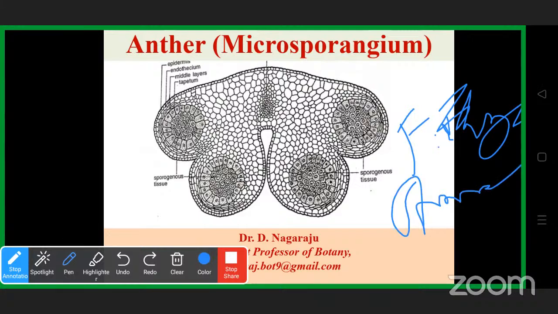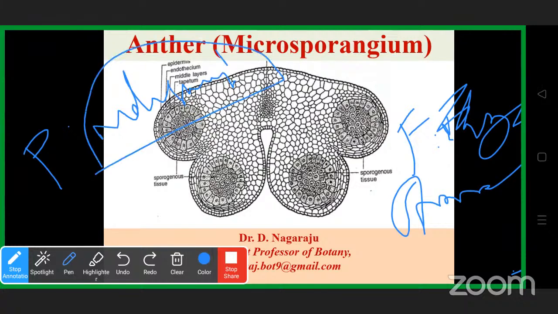And you know who is the father of Indian embryology? P. Maheshwari, Panchanan Maheshwari. Maheshwari is not a lady, not a woman, but a man. He is a scientist, an embryologist.